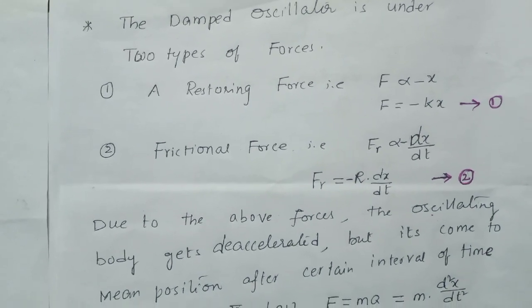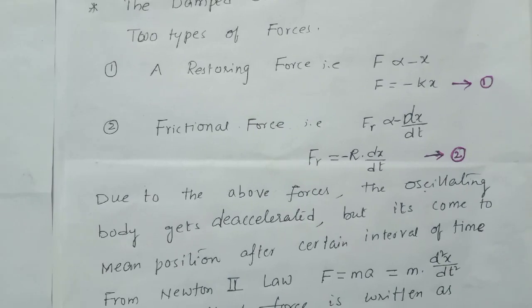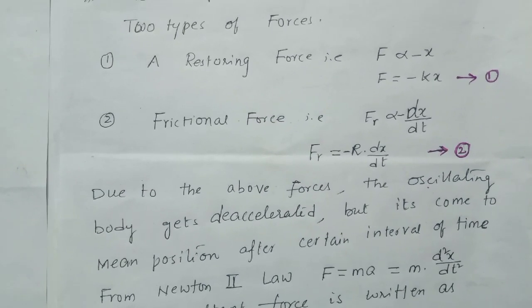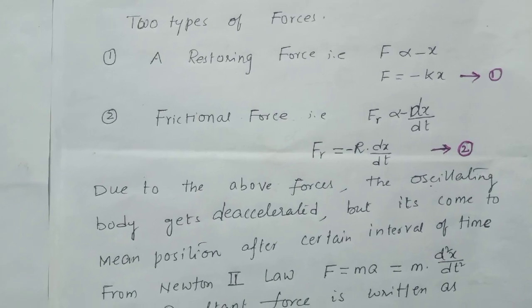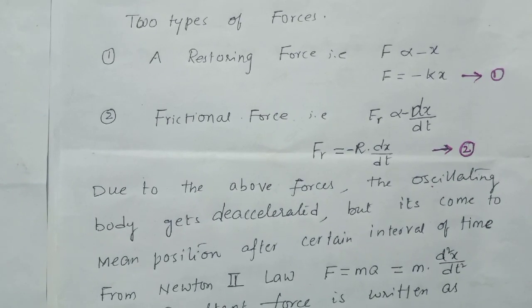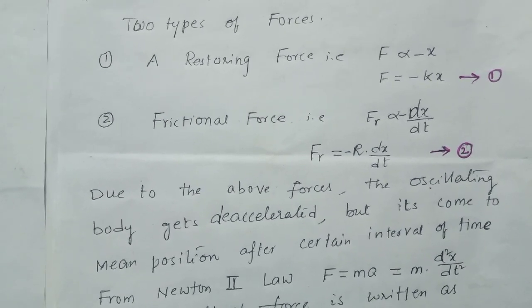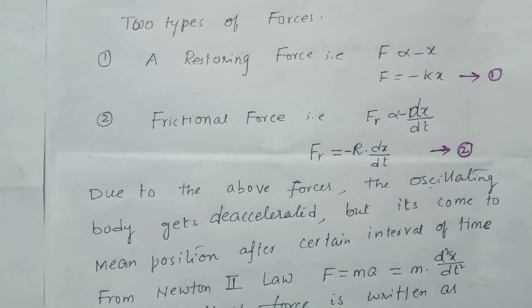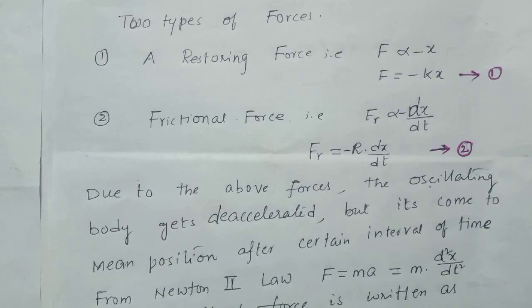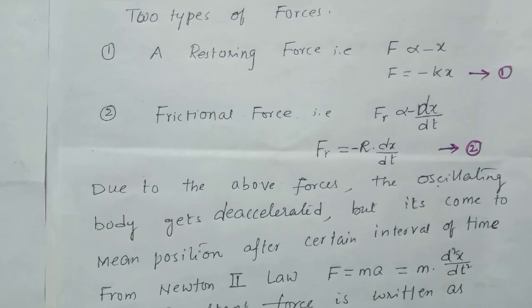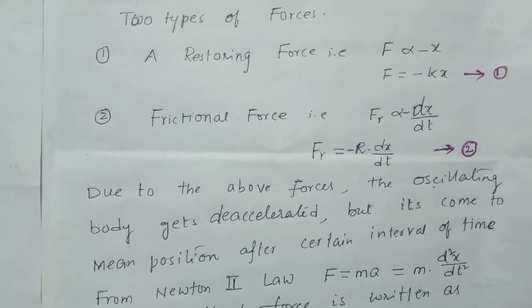Next, the frictional force F suffix r is proportional to minus dx by dt, that is, velocity. The frictional force is directly proportional to the velocity of the particle, but in the opposite direction. That is, the greater the velocity of the particle, the more frictional force acts on the body.